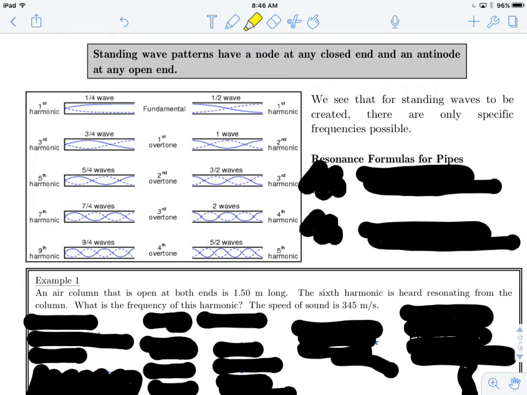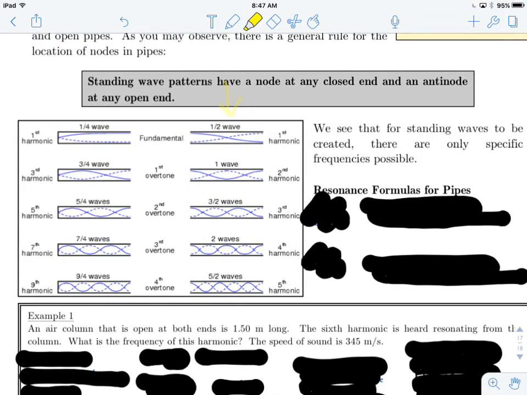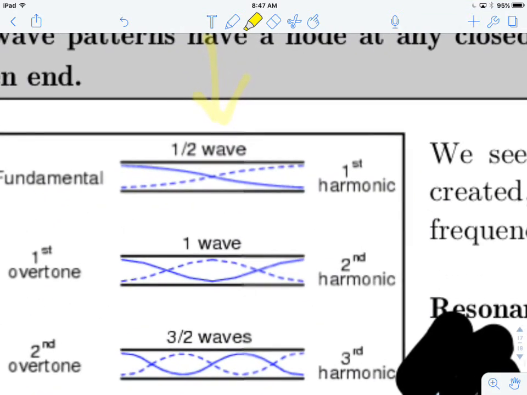And so we have standing wave possibilities for both of these different types of tubes. So let's begin with this set of standing waves, the waves that are open at both ends.